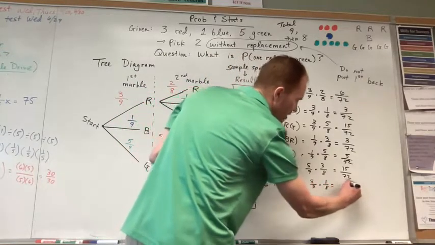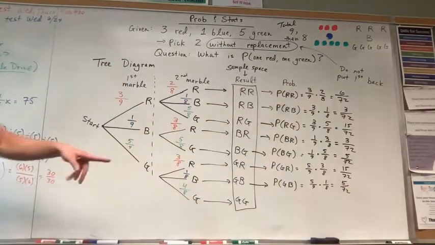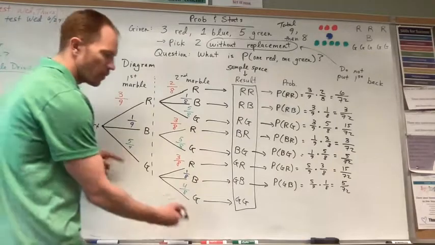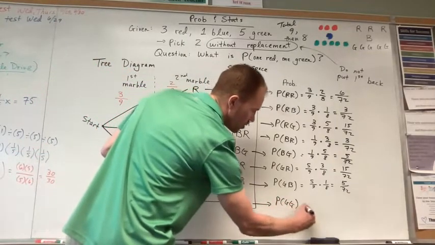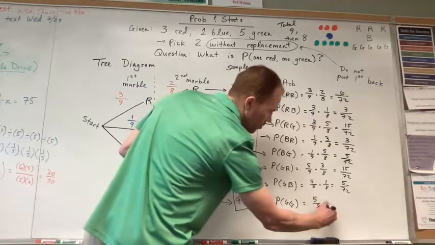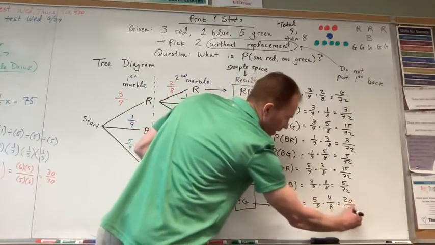So that's 5 out of 72. And then green-green is 5 out of 9 and 4 out of 8. Multiply those together. So that's 20 out of 72.